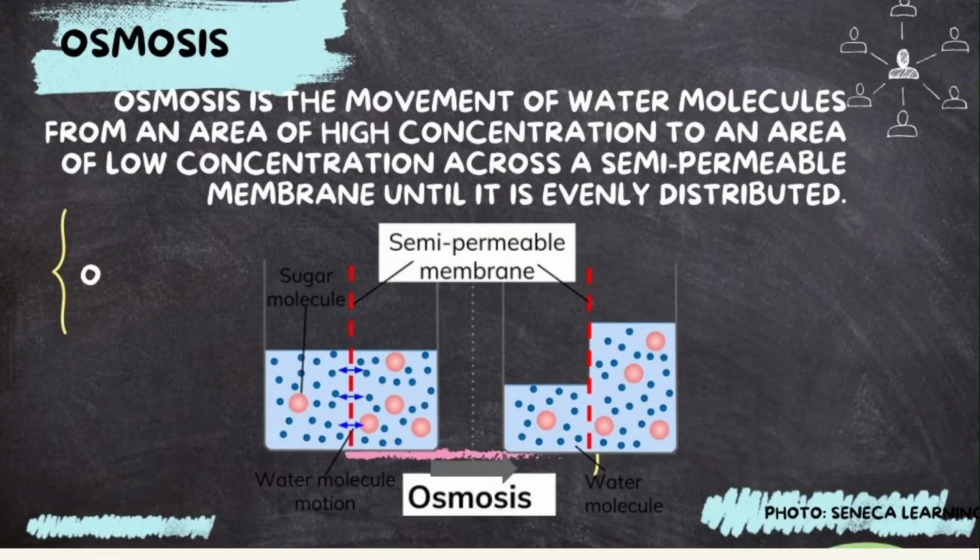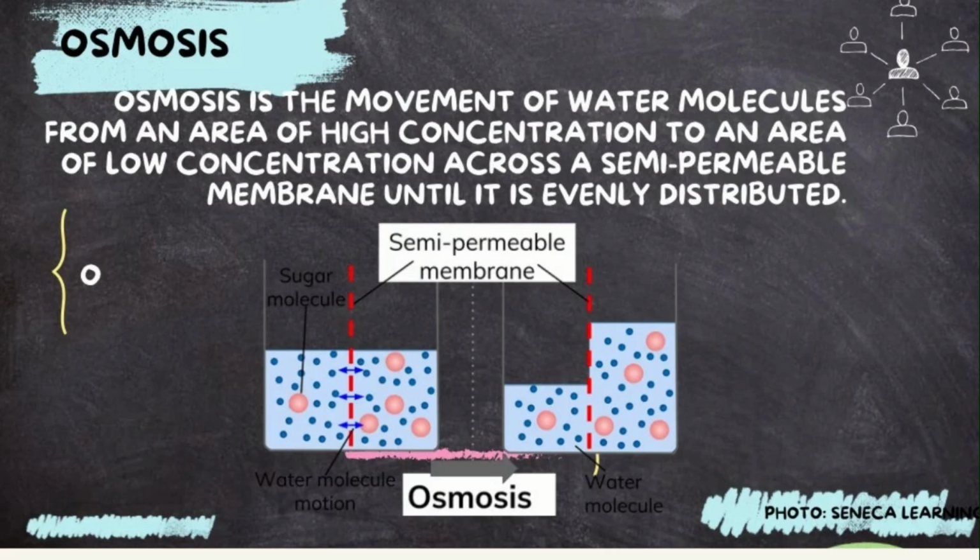Then you have osmosis, and osmosis is very similar to diffusion, right? Except it's happening in water, specifically moving water molecules from an area of high concentration to an area of low concentration across a semi-permeable membrane until it is evenly distributed.